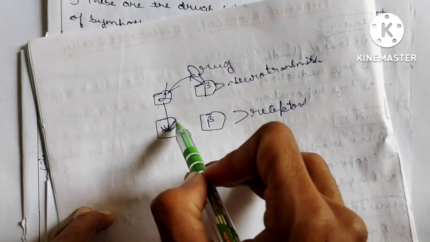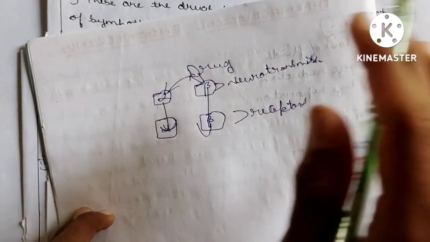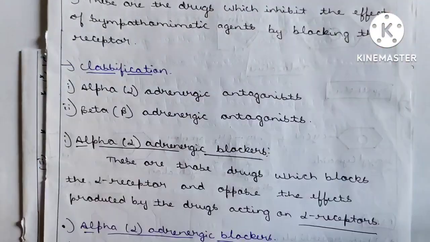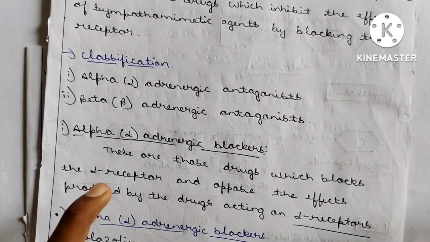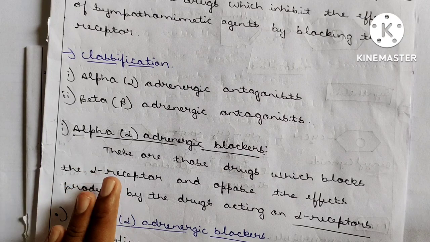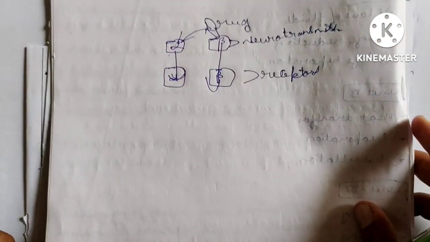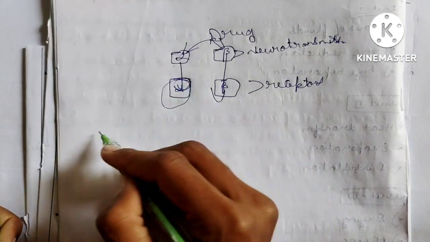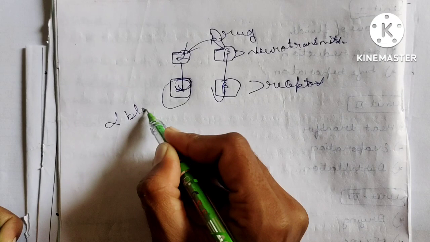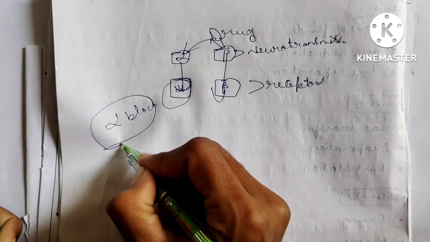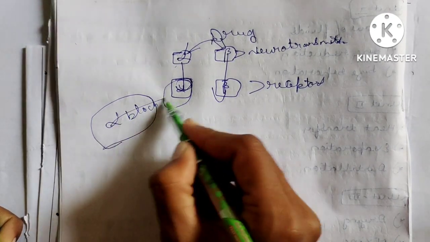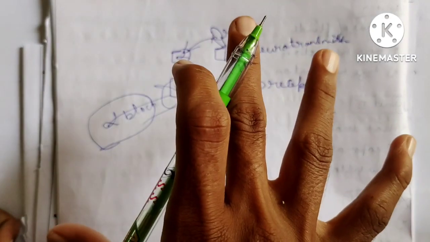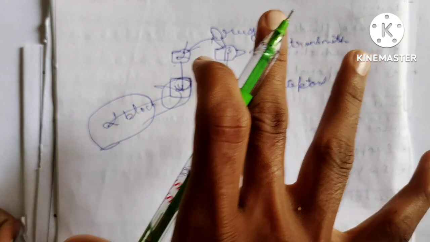Alpha will go and bind to the alpha receptor, beta will go and bind to the beta receptors. This is the action of the drug and this is the action of the receptors. And here the alpha blockers block these receptors. You understand? One more alpha blocker will be present beside this, which will block these active sites.